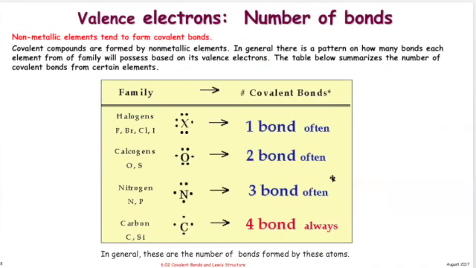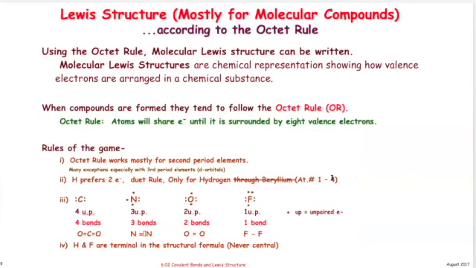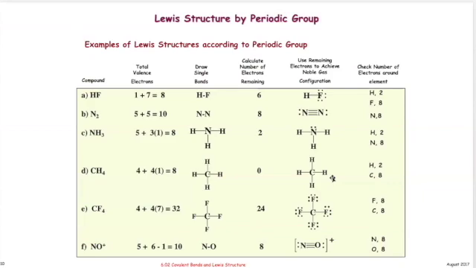Here's the general rule in terms of the number of bonds these atoms have. So let's take a look at the Lewis structure. Here is hydrogen fluoride. This is the Lewis structure. Remember that one line, like right here, represents 2 electrons. Okay, one line represents 2 electrons.